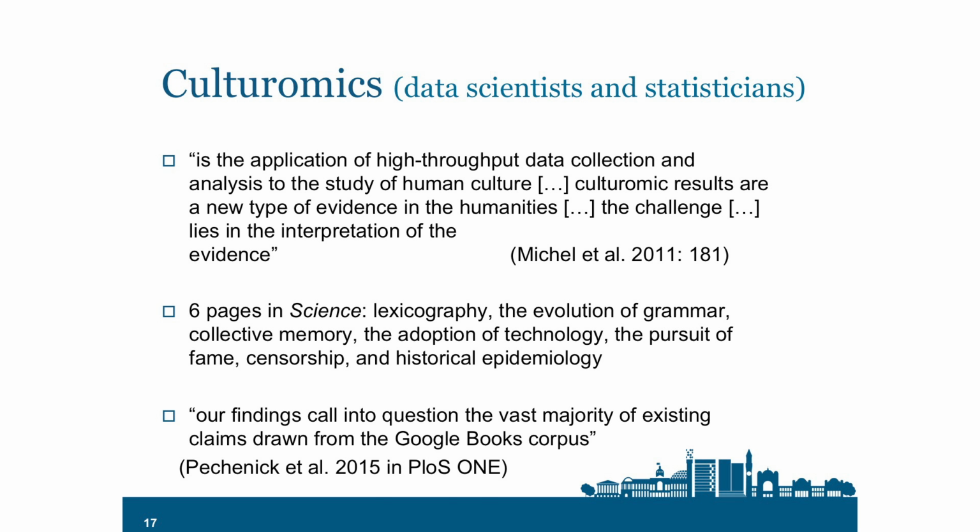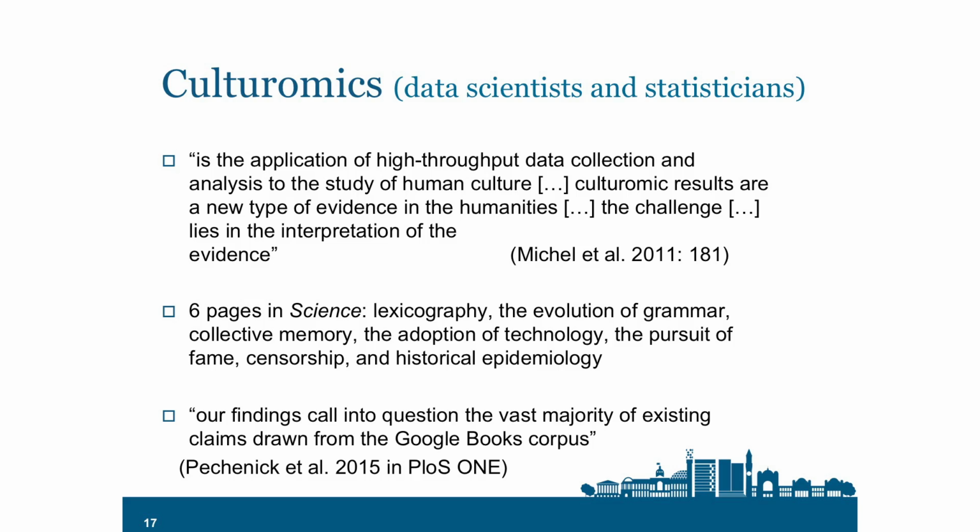And then this Science article is 6 pages long, and the authors claim that in these 6 pages they provide us with lots of new insights into lexicography, the evolution of grammar, collective memory, the adoption of technology, the pursuit of fame, censorship, and historical epidemiology. All on 6 pages with a couple of graphs, and then they say, this is the new way to understand how culture works.